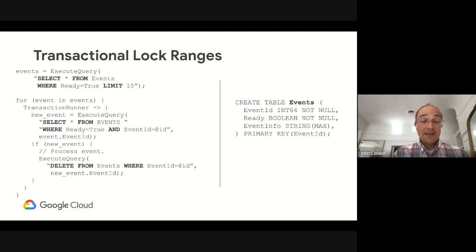So you can interact with other systems within your transaction. You have to make sure that your transaction doesn't become idle, and Spanner will abort it for that reason. But what you need to make sure is that this processing is idempotent, meaning that it can happen multiple times. And if you're able to handle that, then that pattern can work.